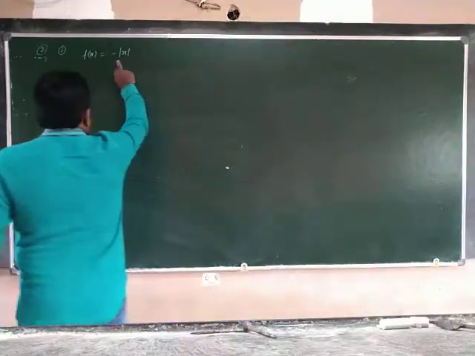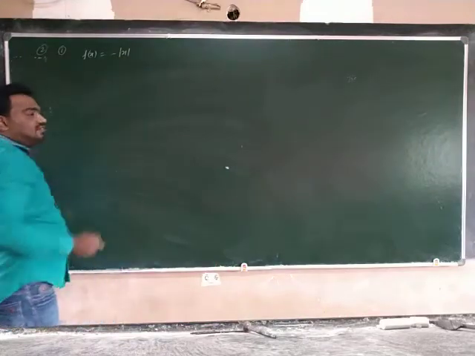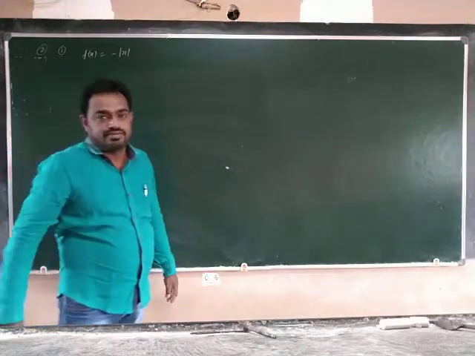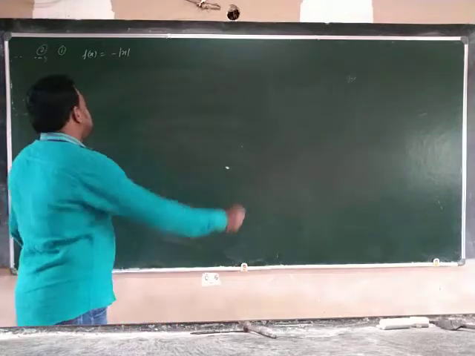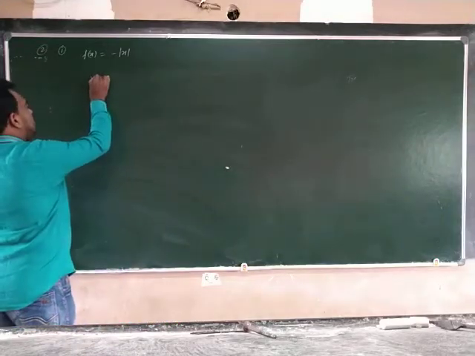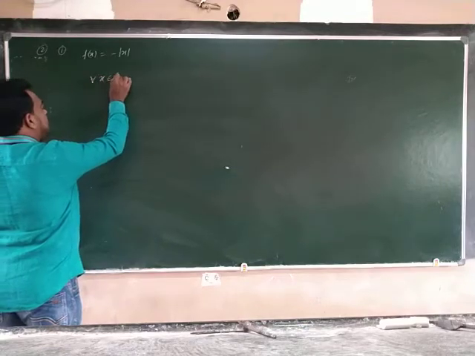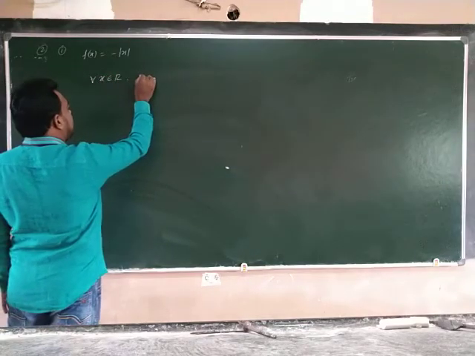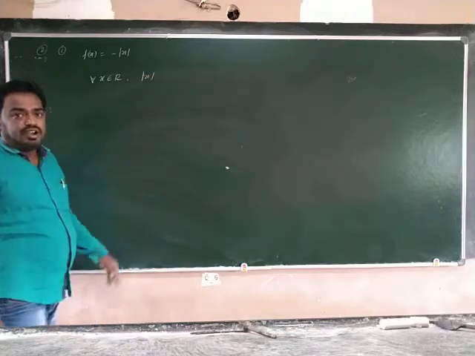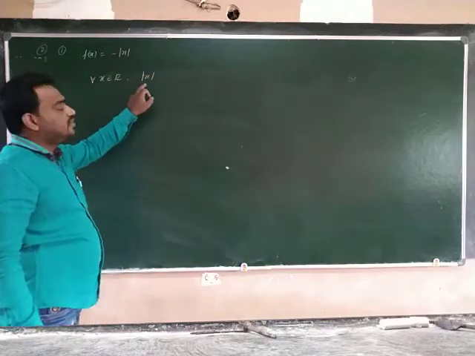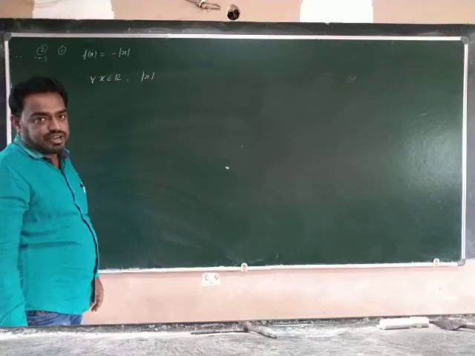Mod x exists for all the real numbers. So for all x belongs to capital R, modulus of x exists, and minus of modulus of x also exists, right?